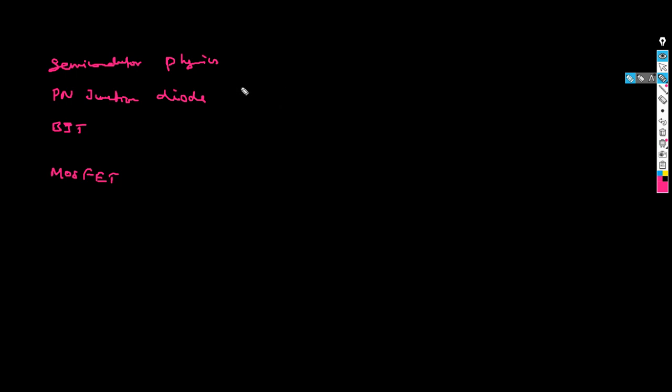Exactly. Okay, and now coming to this PN junction diode, this is the kind of symbol that we follow. This is going to be P and this is going to be N type.